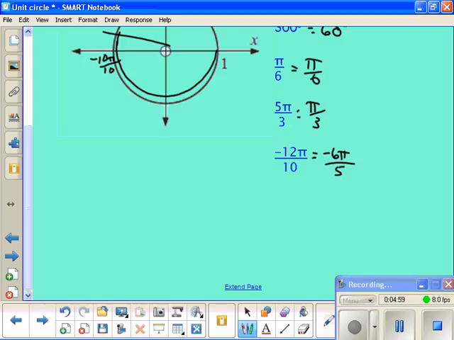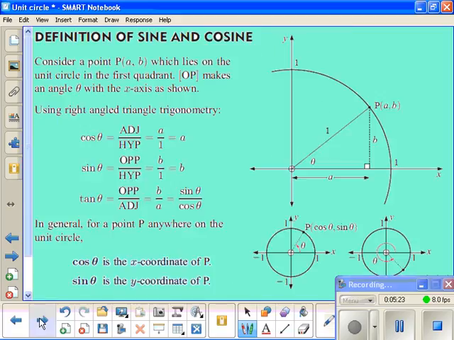So, in other words, let's subtract 5 pi over 5, 1 pi, because that's a half a circle. So this is just pi over 5. It's not positive or negative. We don't worry about its absolute value. How far is it from the x-axis? In this case, pi over 5. Reference angles.